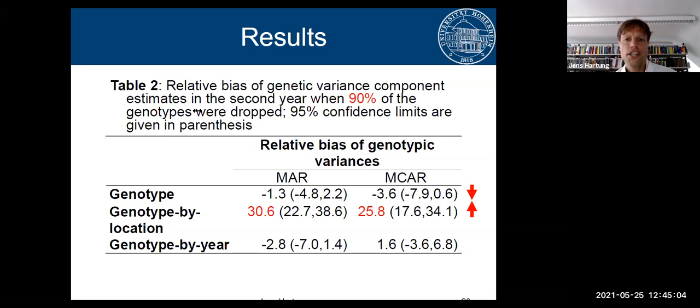The genetic variance will probably decrease during your breeding process. And you're right, if the chance of the variance component being bounded increases, the bias will increase. But this does not mean that the genetic variance itself decreases.